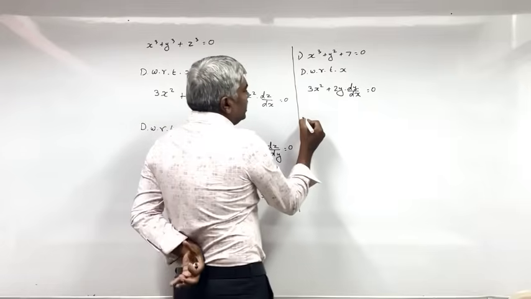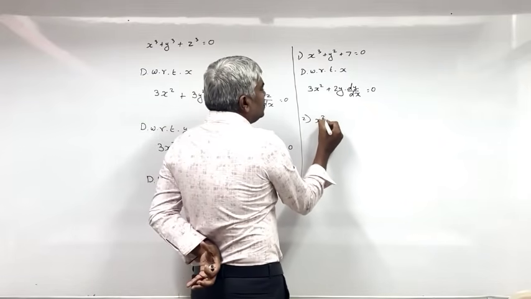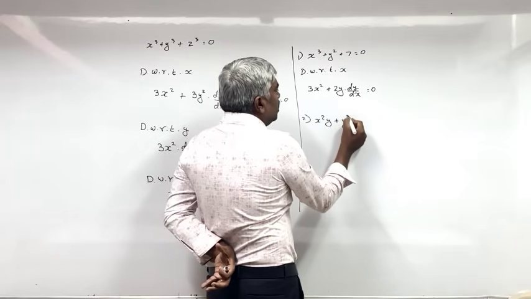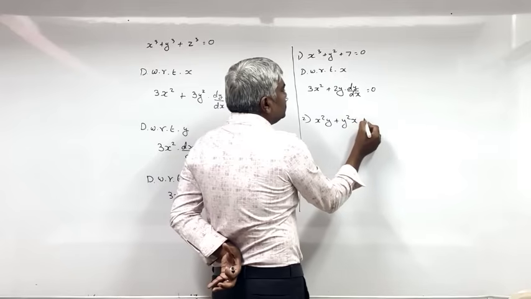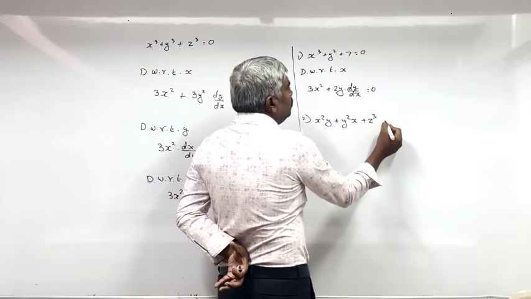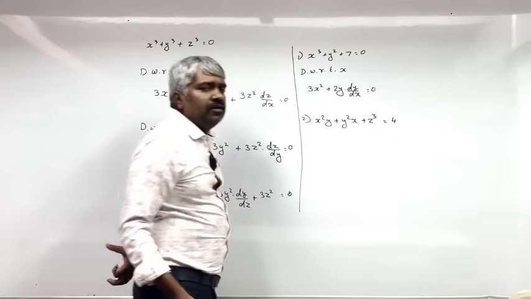Next, second question: x square y, y square x plus z cube equal to 4, right?